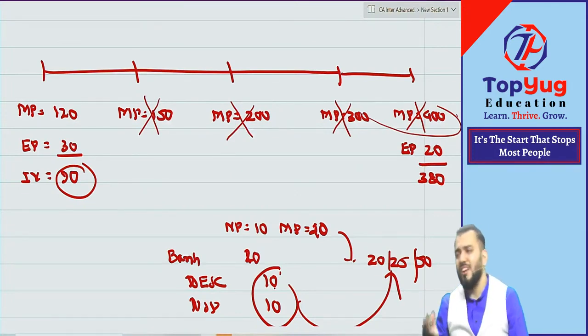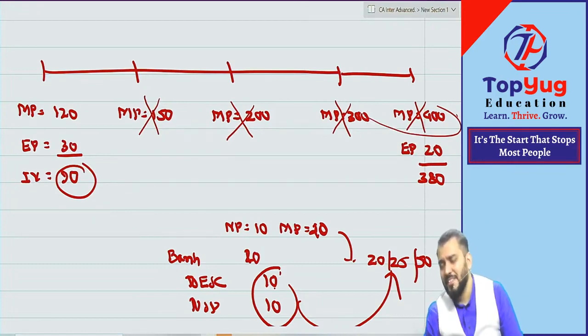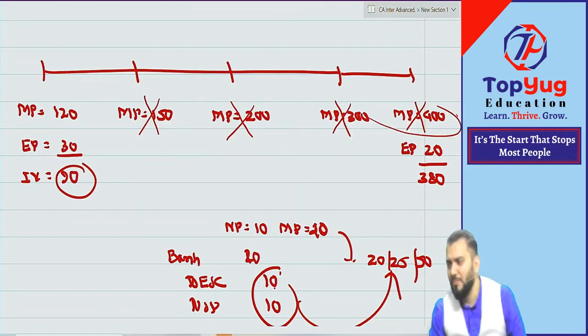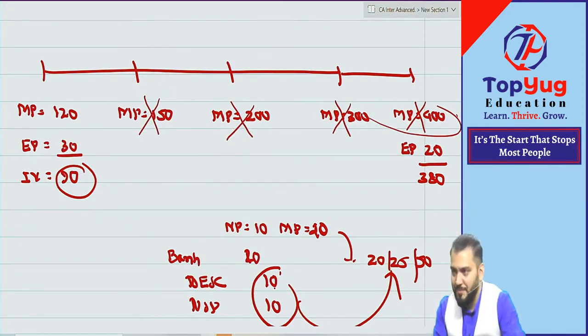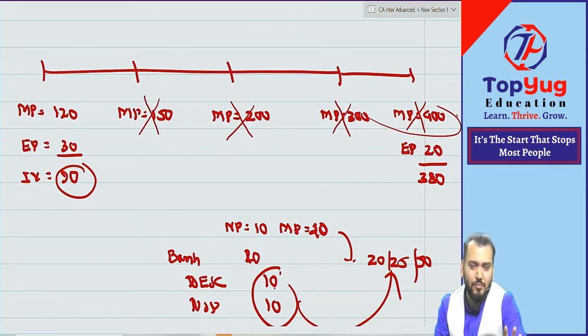A doubt will come, but not in inter. At the final stage, once you become a little more matured, one doubt may come. Normally in final also, when I teach this chapter in CA final, if you come to me for CA final FR, I found that this point is not known to anyone. 90% of students do rectification.